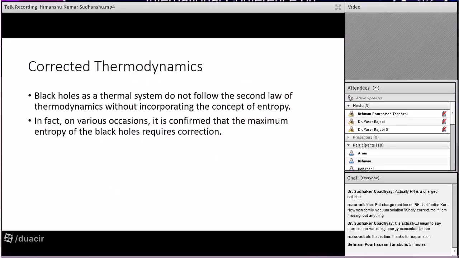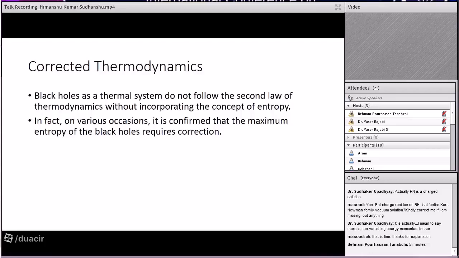For the corrected thermodynamics of this system, thermal systems do not follow the second law of thermodynamics without incorporating the concept of entropy. On various occasions, it is confirmed that the maximum entropy of black holes requires correction.